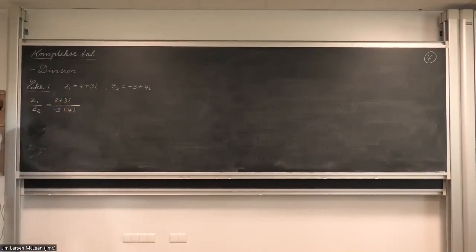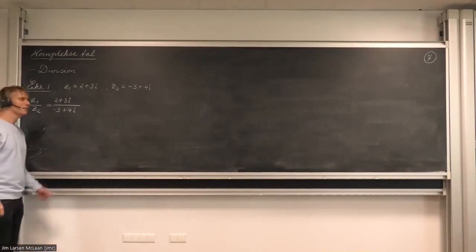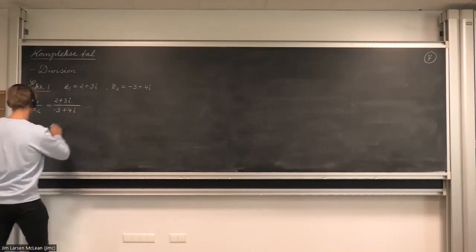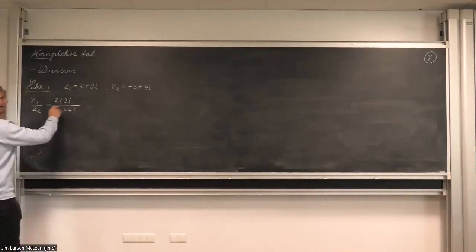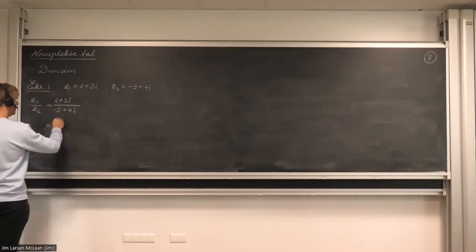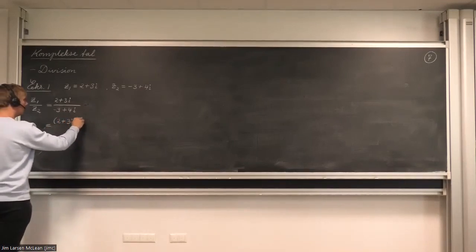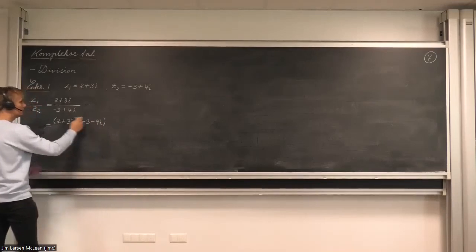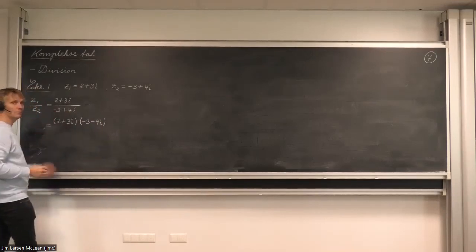Then there was an old trick. You cleverly extend the fraction by the complex conjugate of the denominator, just like we did before, when we had to find the reciprocal element. So we just do this. We extend by the complex conjugate of the denominator. So it becomes 2 plus 3i, as it was initially. And now I multiply by minus 3 minus 4i, because this is indeed the complex conjugate of minus 3 plus 4i.